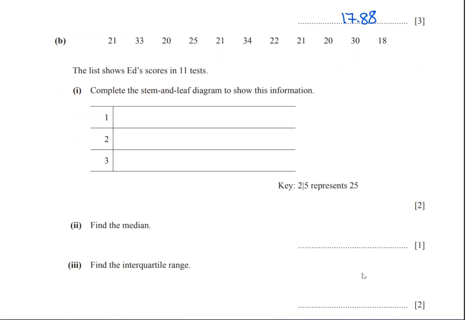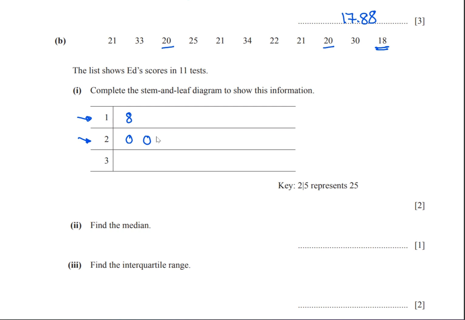The next question is the question of stem and leaf diagram. Here are the values. I'm supposed to put them inside this table. I'm going to start with 1. I have only one value, which is 18, so I will put 8. Then starting with 2, I have 20 and 20, so put 0 and 0.